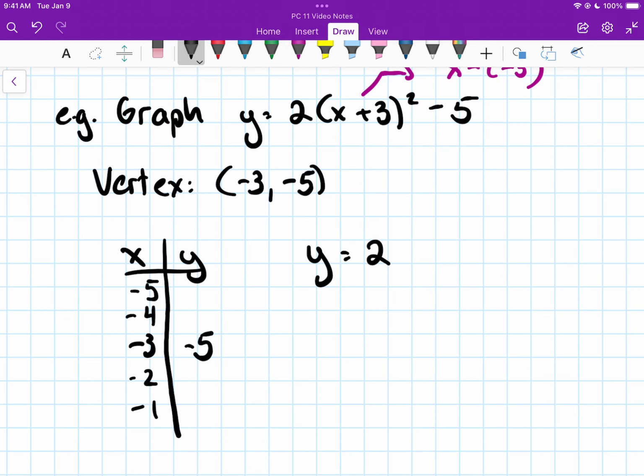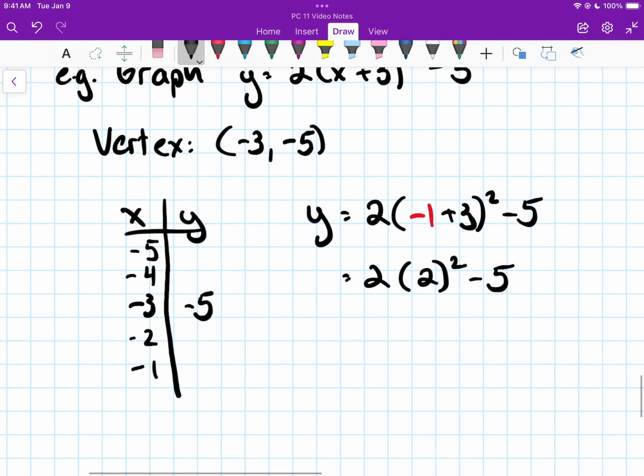So if I take that -1 value that we've got in our table for our x's, and I plug that in, we've got 2 times (-1 plus 3) squared minus 5. And again, you've really got to be careful with your order of operations here. So we want to do the brackets first. So that's -1 plus 3 gets me 2 squared minus 5. 2 squared is our next step.